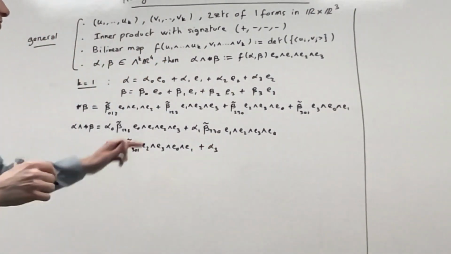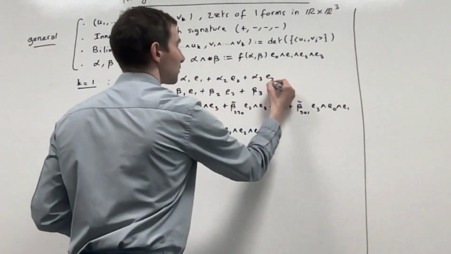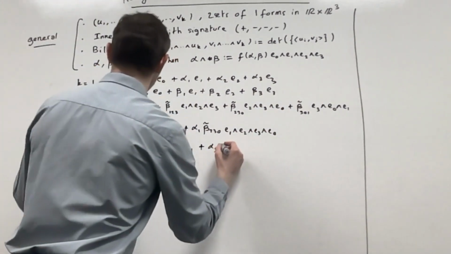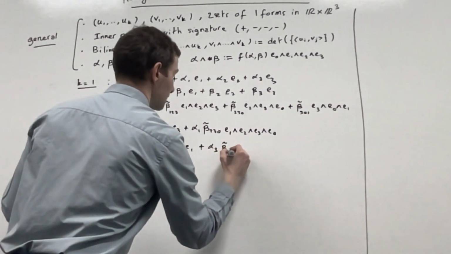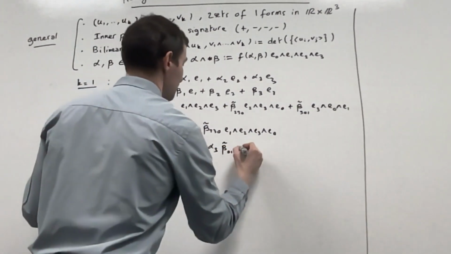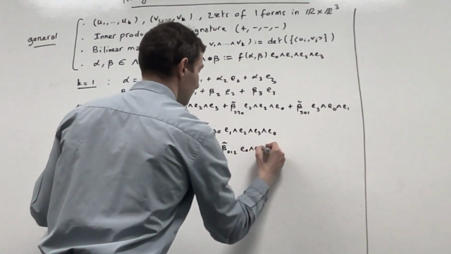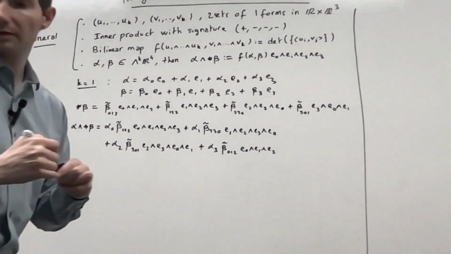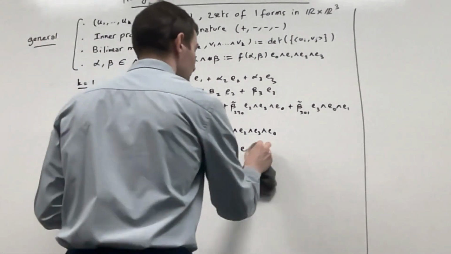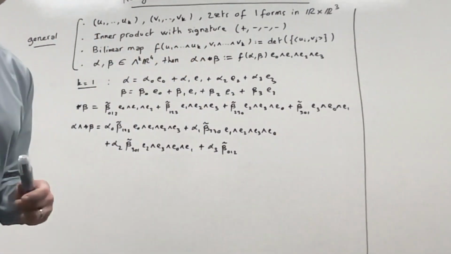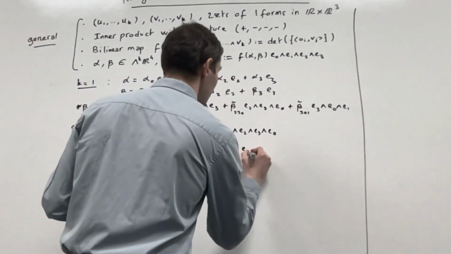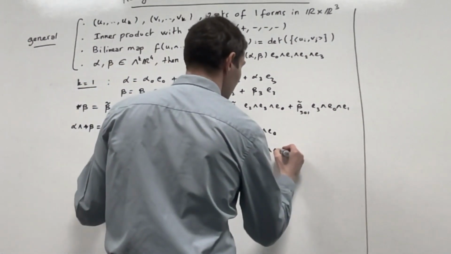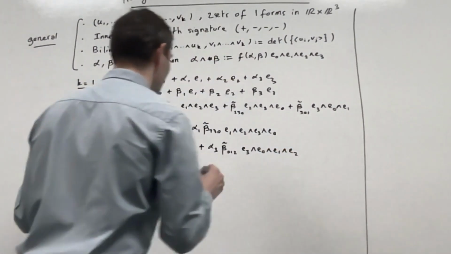And again, we need one that doesn't have E3 here. We need one that doesn't have 3, so that's this one. And so that's beta tilde 0, 1, 2, and then that's E0, E1, E2, and then no, sorry. I need to put things in the correct order. So it's going to be E3, E0, and then E1, E2.